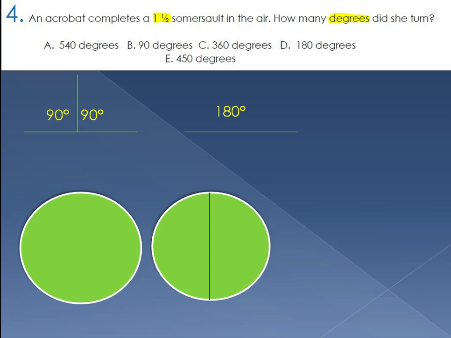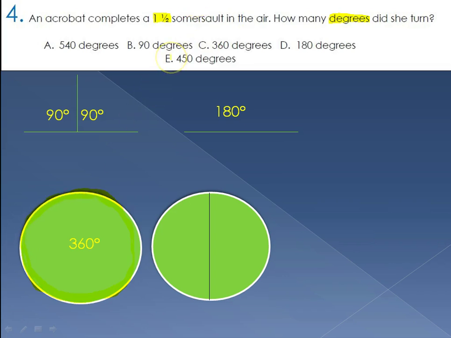Now when you think of a full circle, when you're going around a full circle like this, if you've been taught this in school, a full circle is 360 degrees. Okay, now you have to imagine an acrobat is doing a 1.5 somersault in the air. So she is turning fully around this. So she's done a 360, she's done fully round, and then she's done a half.